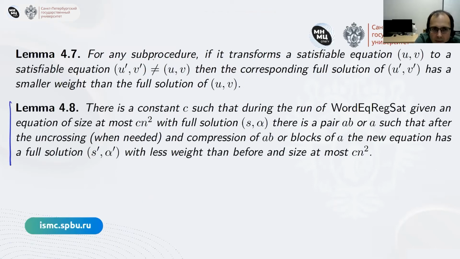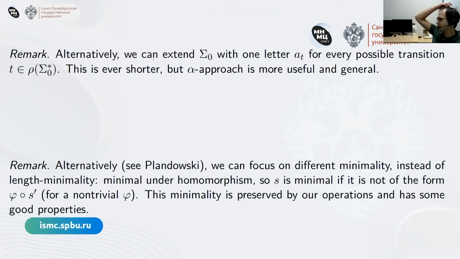Okay, and that's it for the regular constraints. I have 2 remarks here. This approach with using alpha, so with substituting back the original substring, is not the shortest solution to this problem. What we could also do is increase the input alphabet by introducing letters indexed by the transition vector, for every possible transition vector of matrices.